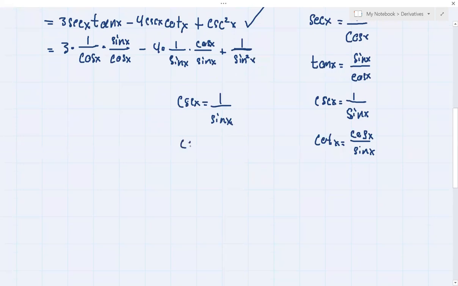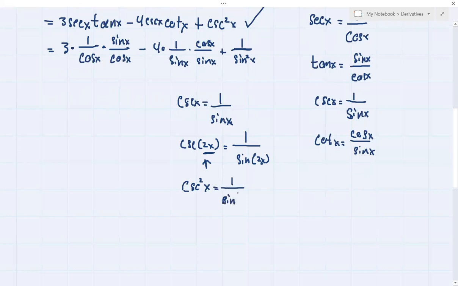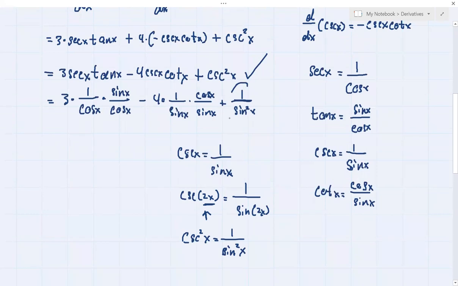So kapag kunwari, meron tayong cosecant x, pero meron siyang 2 sa loob. So ibig sabihin nun, we will have 1 all over sine of 2x. Gets nyo? Kumbaga like, kung anong meron sa cosecant, ganun din ilagay mo kay sine. So therefore, kapag merong exponent si cosecant, which is si 2, so magiging 1 all over sine squared x. Ganyan na lang ang mangyayari.